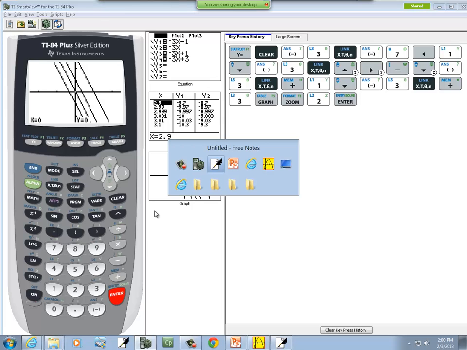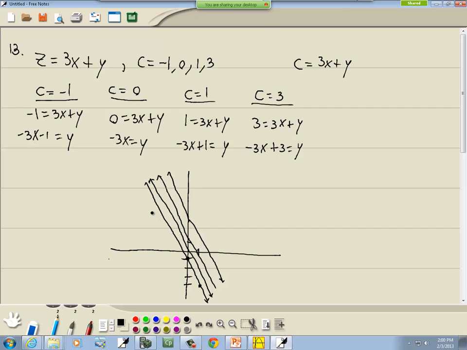Now when you're sketching this on your paper, usually the c's are labeled. So like this one, you'd write c is equal to -1, this one c is equal to 0, this one c is equal to 1, and this one c is equal to 3. Like that. In the textbook they have a pretty good picture of a contour map where you have heights, you know, the hills, the mountains, or whatever you're looking at, and then it has the elevation right next to it.